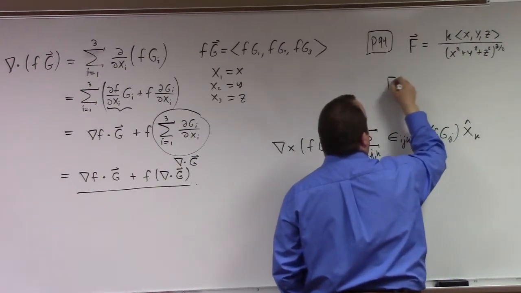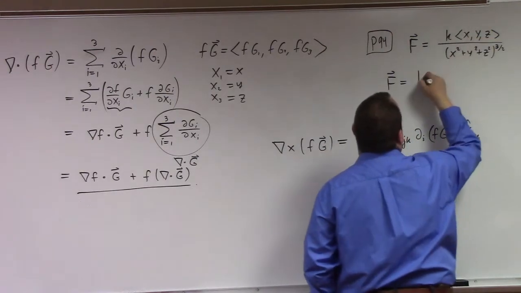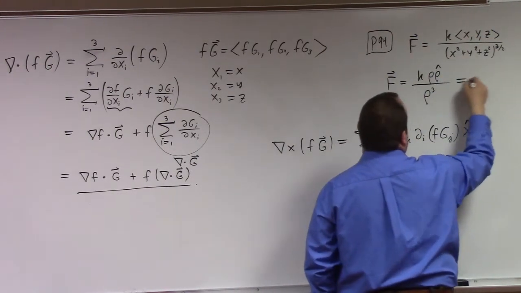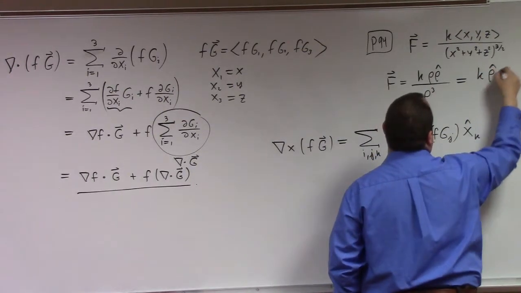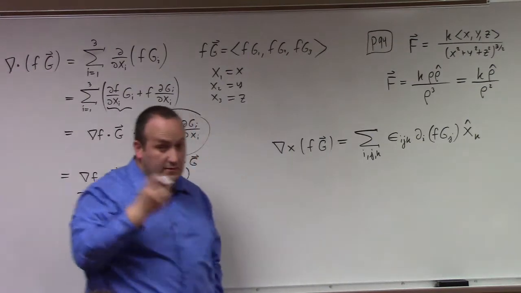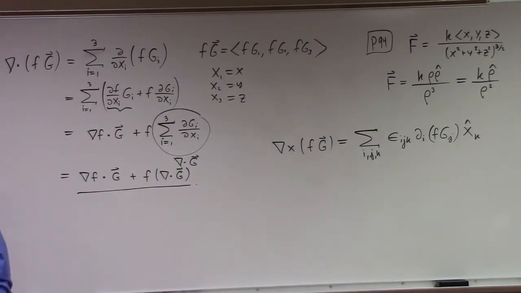So what you're looking at is F equals, this up here is what? This is k rho hat divided by rho cubed. So in spherical coordinates, this is just straight up k rho hat over rho squared, which you can explicitly see the magnitude is k over rho squared, which is to say that it's the inverse square law. But this is useless unless we actually have the formula for curl and divergence in spherical coordinates, right?